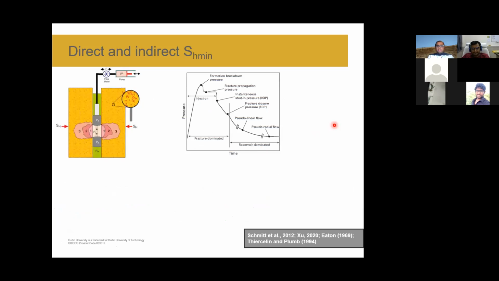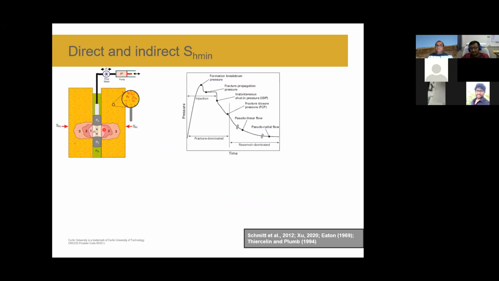Coming back to the least principal stress estimation method, which is normally done in the field. In a reservoir or in a drilled well, you can probably find one or two depth points where the least principal stress is measured, because it's quite expensive and not always easy to get that measurement. How is this done?